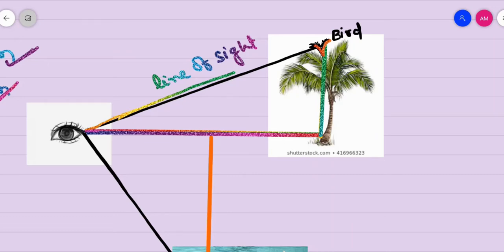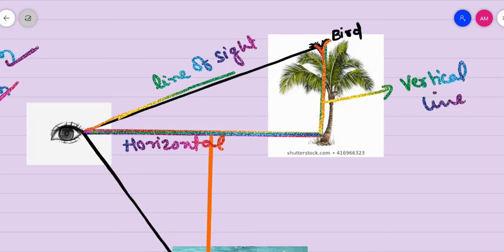And now the straight line from your eye which can be said to be as ground, this is known as the horizontal. Now from the bird, if you draw a line vertically on this horizontal line, that is known as the vertical line. Or here you can say that this is the height of the tree.